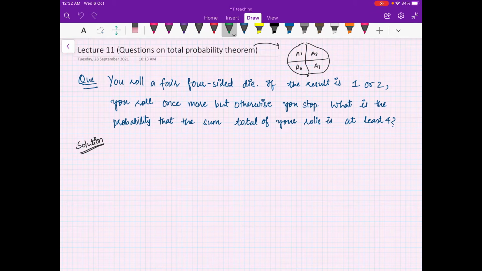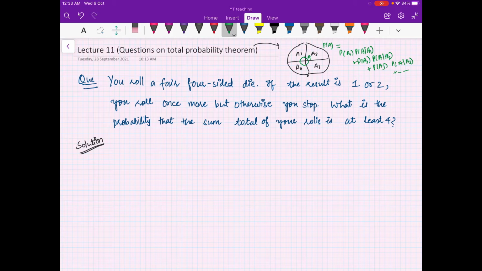Then if you have an event, say A, you can compute its probability as probability of A1 into probability of A given A1, plus probability of A2 into probability of A given A2, plus probability of A3 into probability of A given A3, and so on. You can keep on doing this. This is equal to the probability of the event A. So this was your total probability theorem.